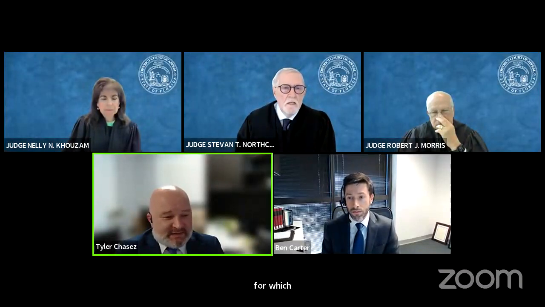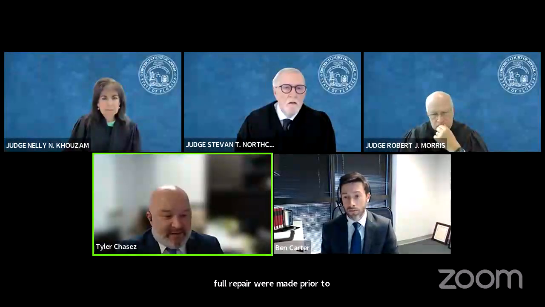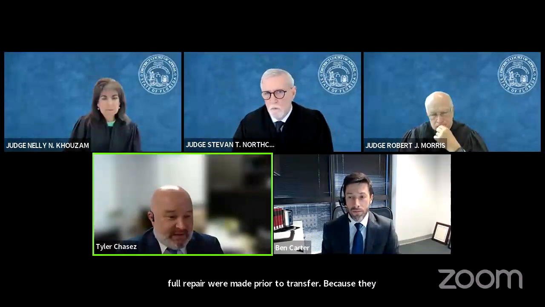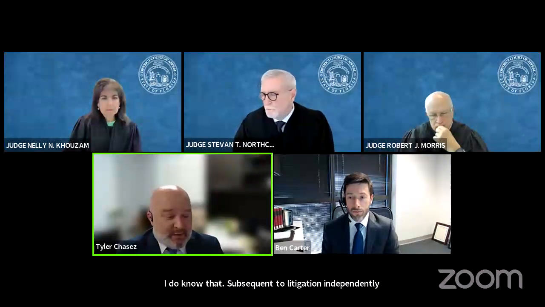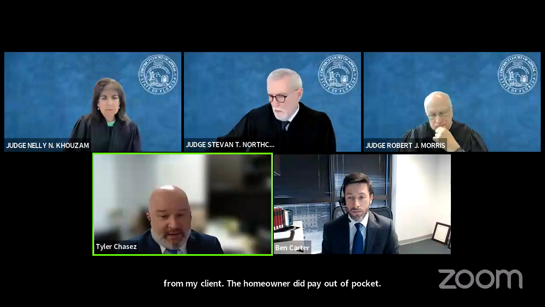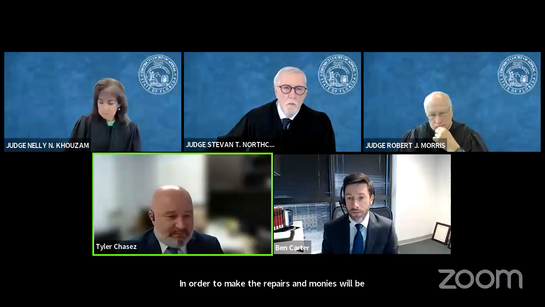In this circumstance, I do not believe the full repairs were made prior to transfer because they did not have the money at that time. I do know that subsequent to litigation, independently from my client, the homeowner did pay out of pocket in order to make the repairs, and monies will be obviously. Right.